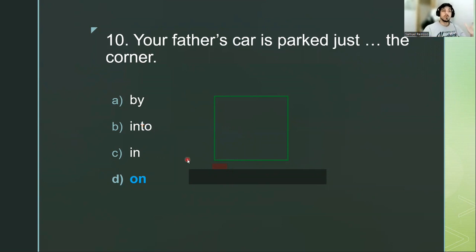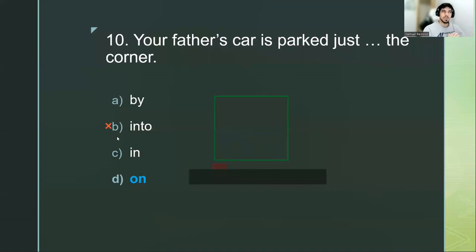So you go into the building. For example, when you are here and you move here, you go into. I go into my sister's room. You move there. Well, but here the car is parked, not moving, right? So into, not possible.